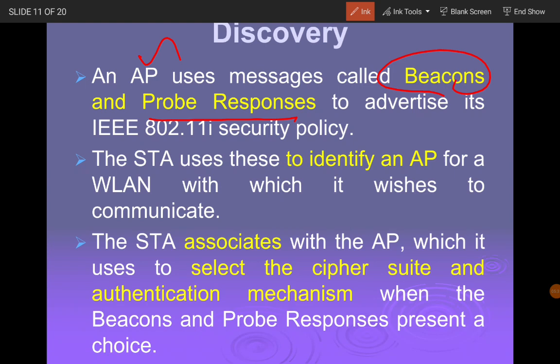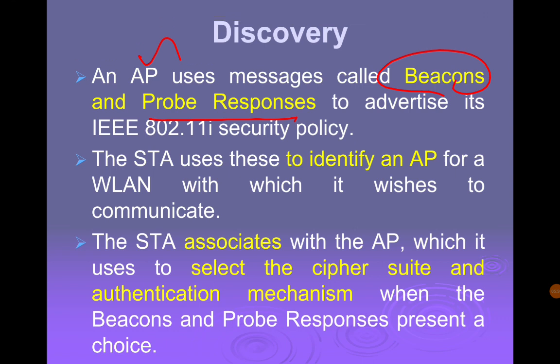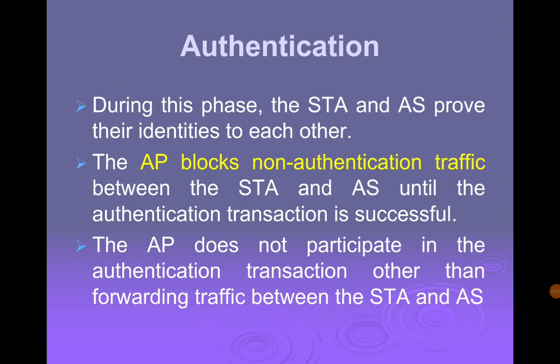Any station can use these beacon signals to identify a particular access point with which they want to communicate. Once the access point is identified, the station associates with the corresponding access point, and they can select their cipher suite and authentication mechanism.